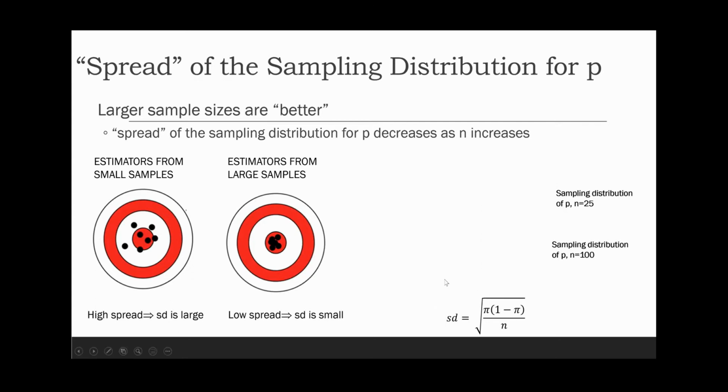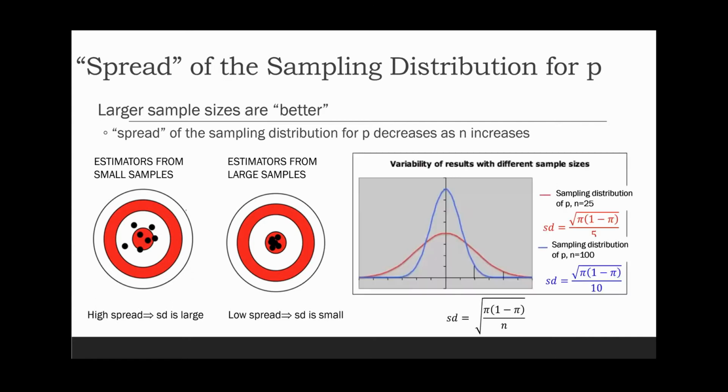The standard deviation is given by this formula: take the population percentage times 1 minus it, divide by the sample size, and take the square root. As n gets larger, this fraction becomes smaller, the square root becomes smaller, and the standard deviation becomes smaller. So now you understand why larger samples are better.